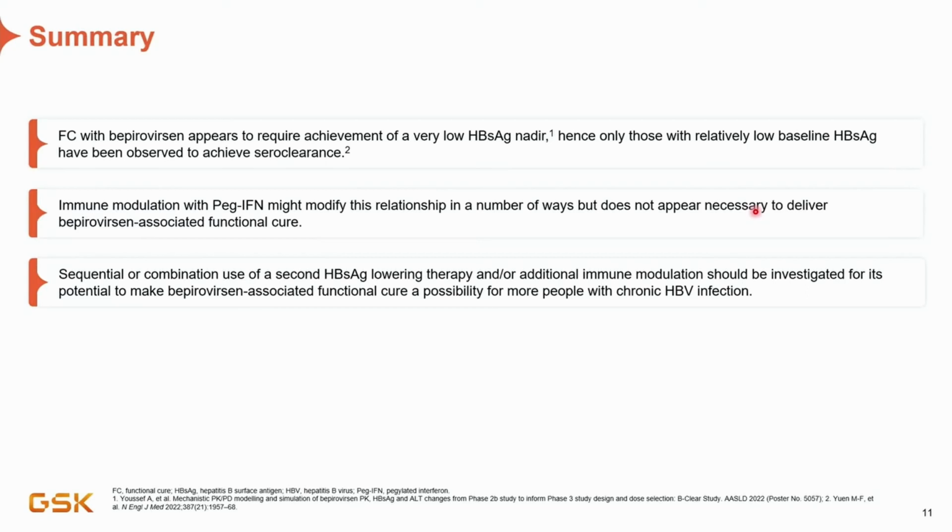Immune modulation with pegylated interferon might modify this relationship in a number of different ways, but importantly, pegylated interferon doesn't appear to be necessary to achieve Bepi-associated seroclearance. And sequential or combination use of a second surface antigen lowering mechanism or additional immune modulation should be investigated for its potential to make Bepi-associated functional cure a possibility for more people who are living with chronic HBV infection.